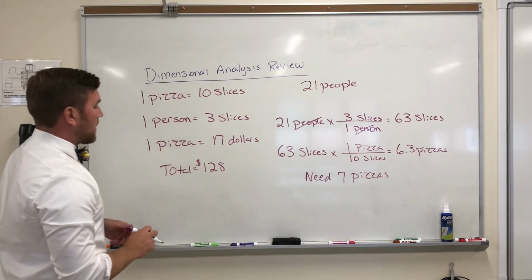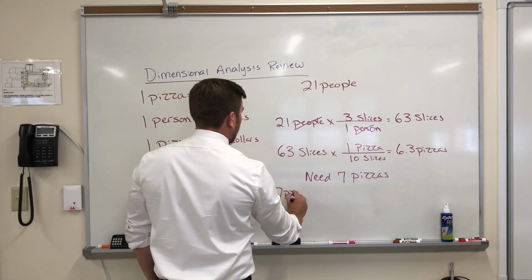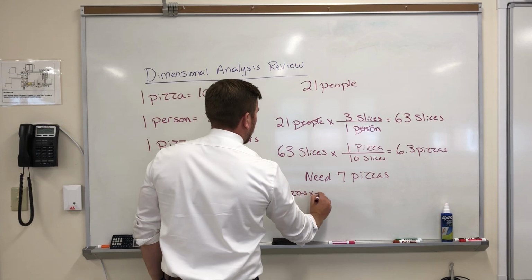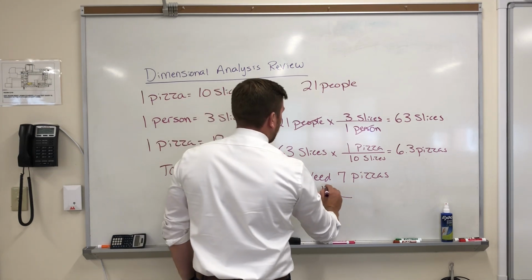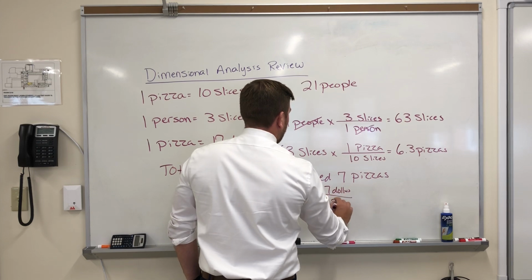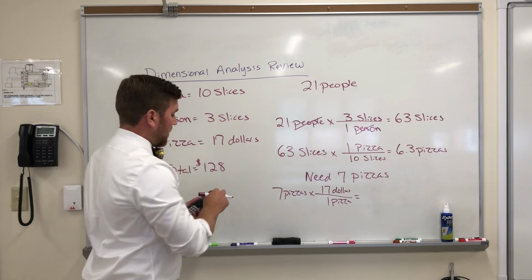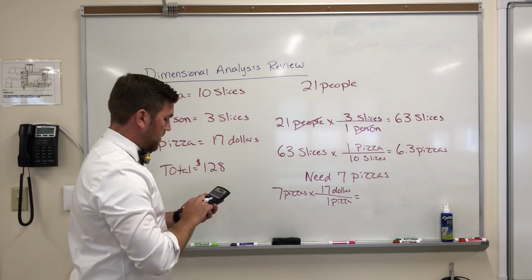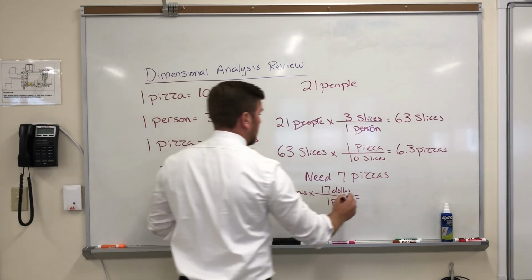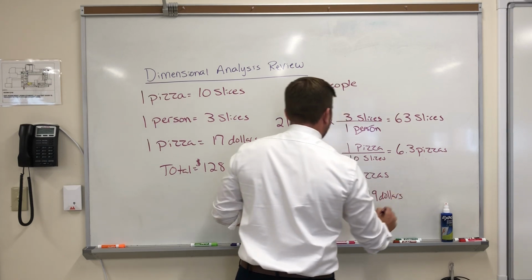Each pizza is $17. So 7 pizzas times $17 for 1 pizza tells me that I'm going to need $119 to order 7 pizzas.